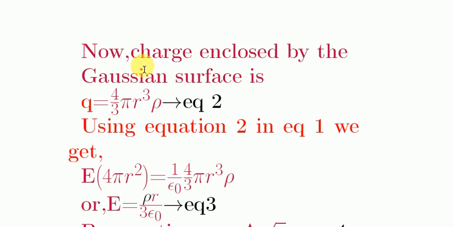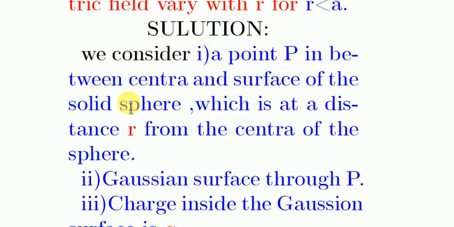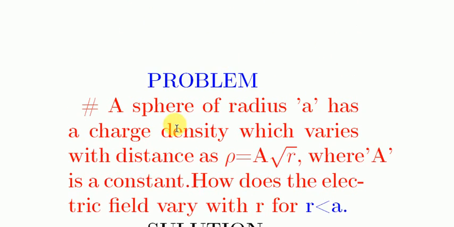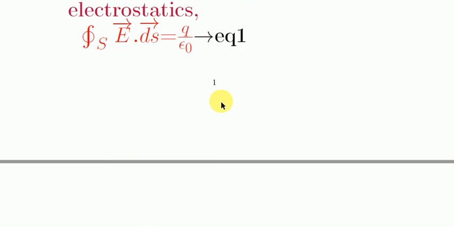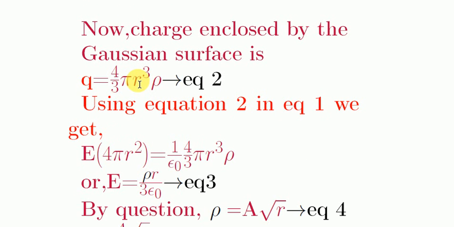But we have to minutely see this equation. This 4 by 3 pi r cube is the volume of a sphere of radius r. This is not the volume of the whole sphere in this problem, but it is the volume of the portion of the sphere which is enclosed by the Gaussian surface, and here r is the radius of the Gaussian surface.